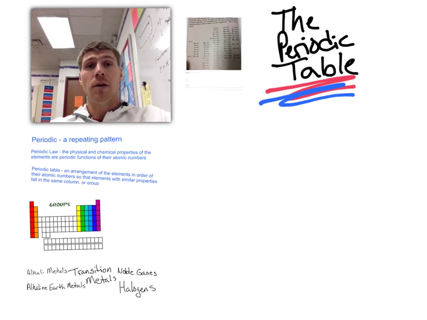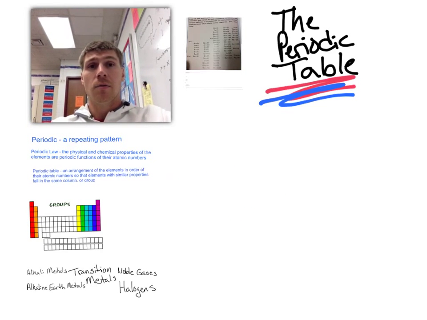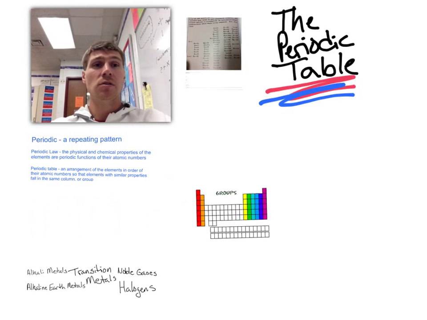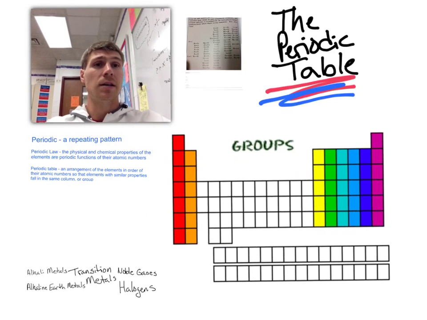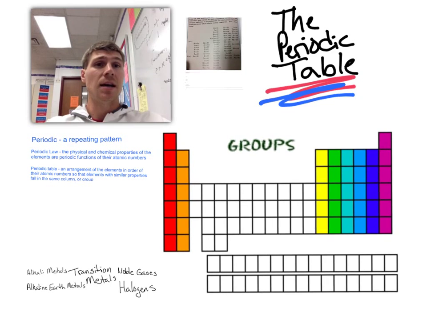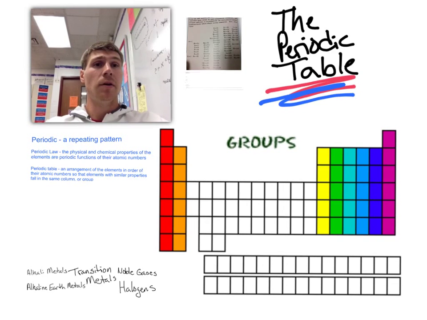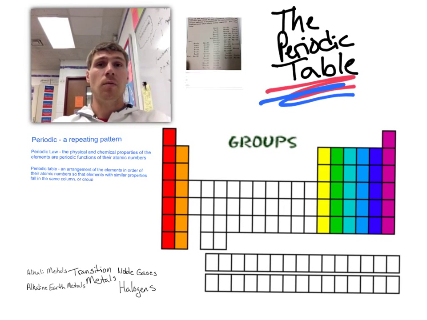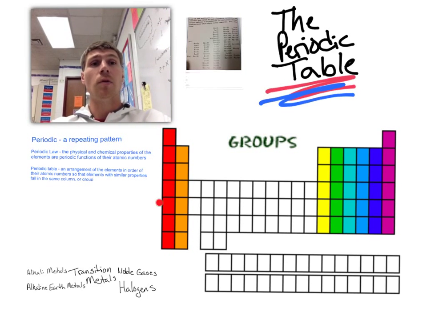Well, if we take a look at that, we start to see that there are special groups on the periodic table. Okay, now what this is, guys, is this is the modern periodic table, except that we have different things highlighted. Okay, so you're going to notice that this is a column or a group.